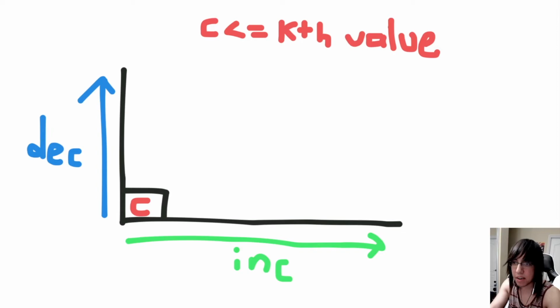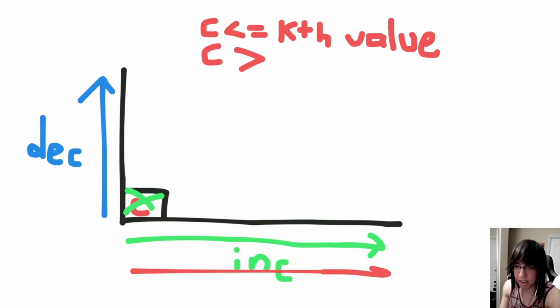And if C was greater than this kth value, I'm not going to write it out, but you can just assume that I wrote kth value here. So if C is greater than our kth value, then that means that we don't want this guy, because he's not less than or equal. But notice that all these elements out here are increasing.